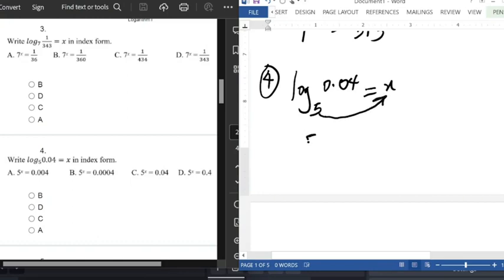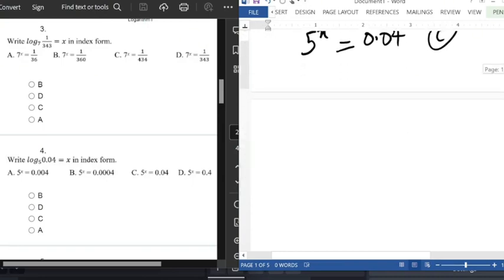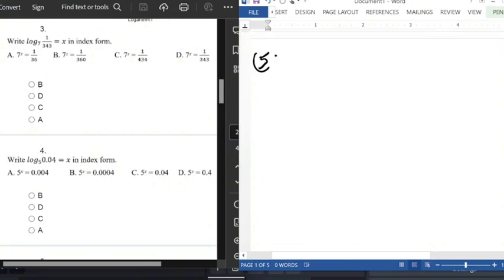That's going to be 5 raised by x equals the number 0.04. I hope that is clear. So 0.04, that is option C. So we go to question number 5.